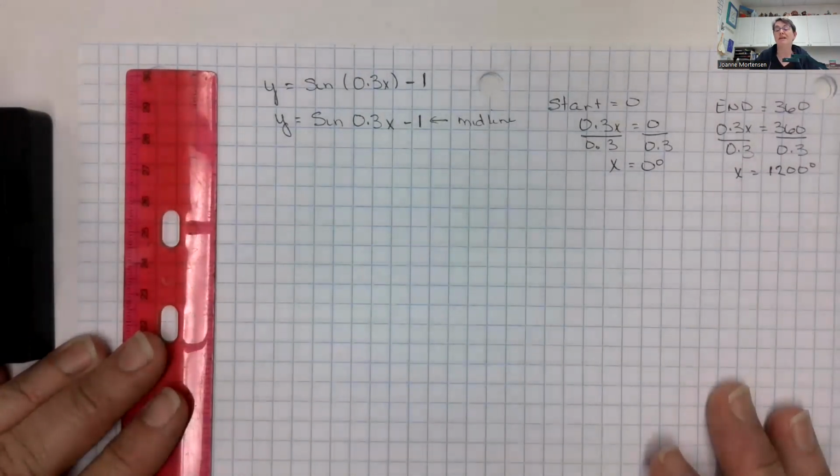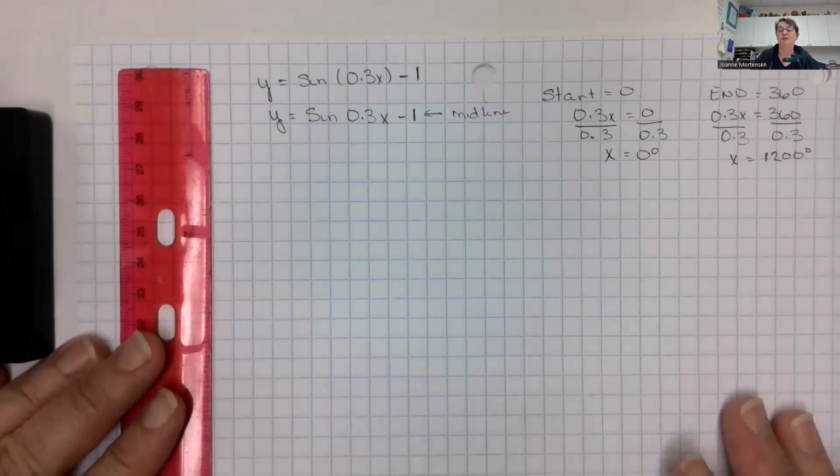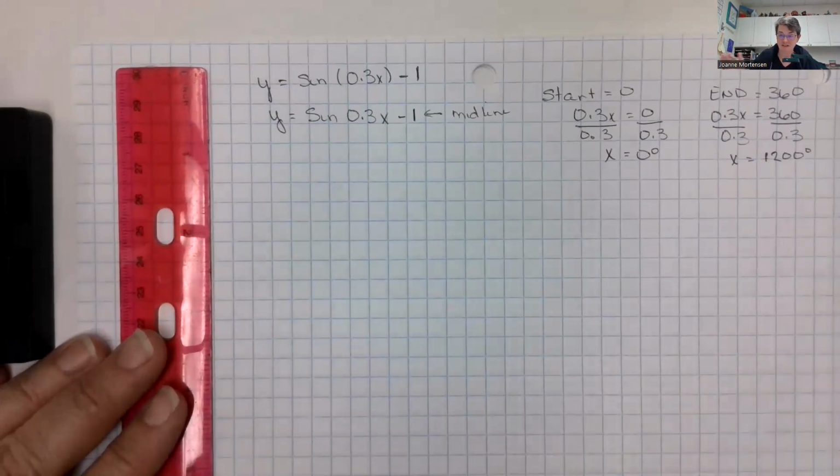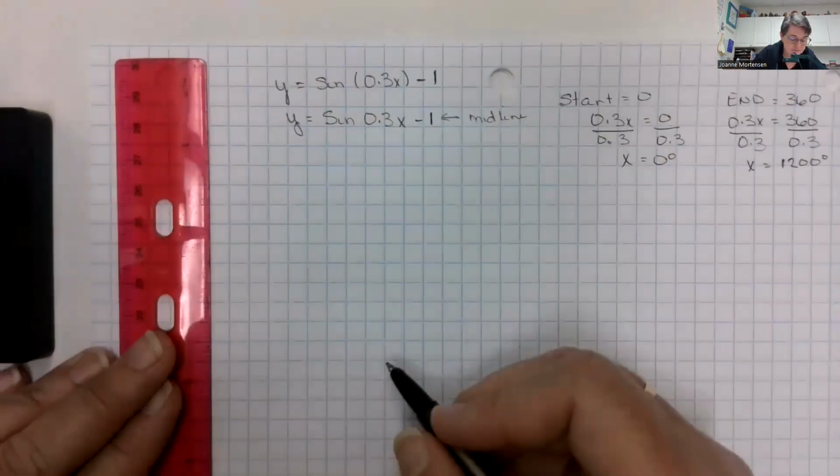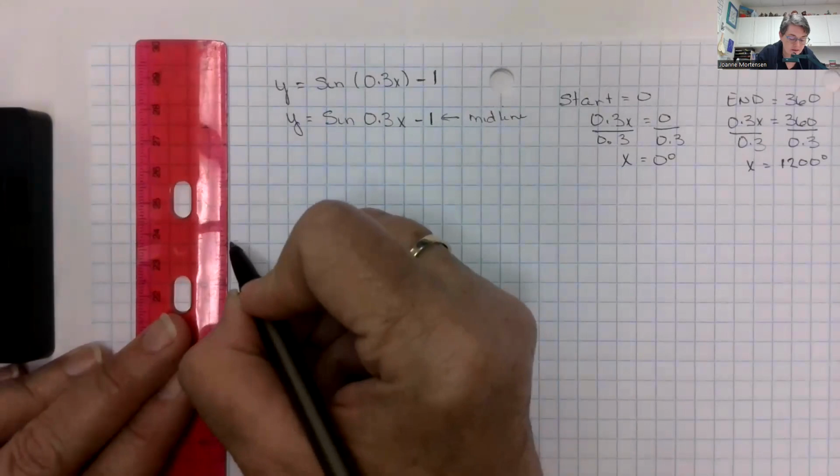And it's not saying that you would have to. If you picked another number, you could mark it off in 90 degrees. I don't even know. As long as all your divisions are the same and it all fits on your graph, that's tickety-boo. Okay, so I'm going to put mine.